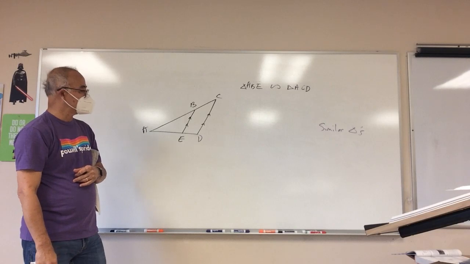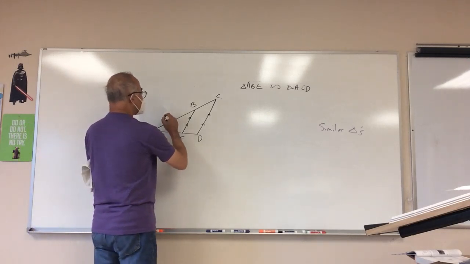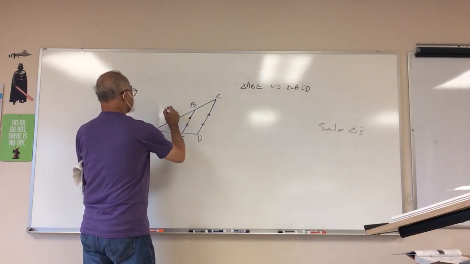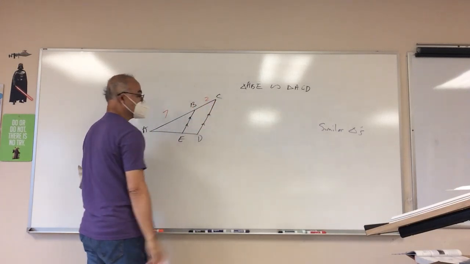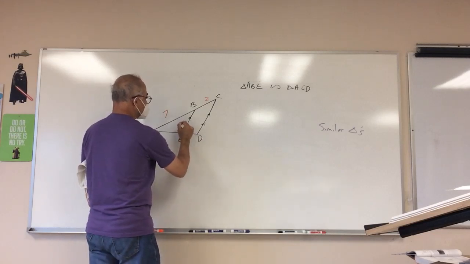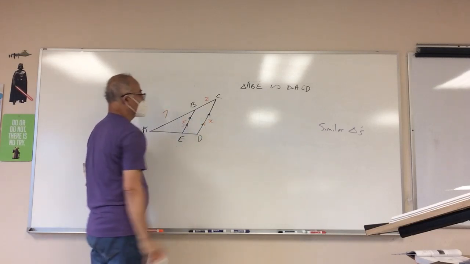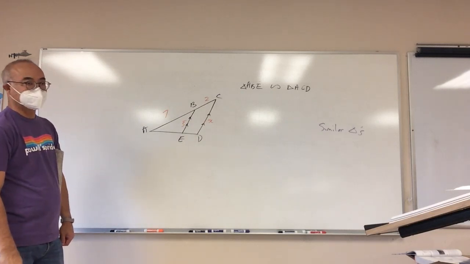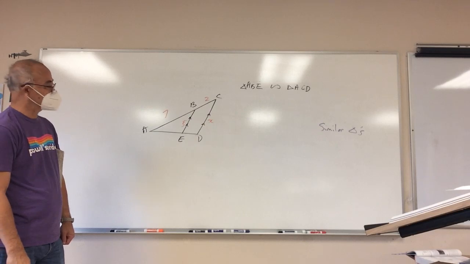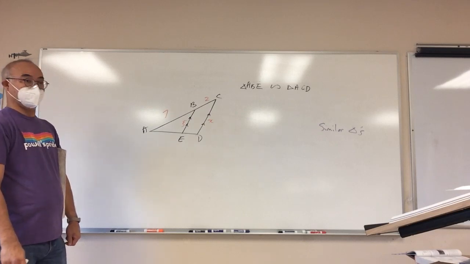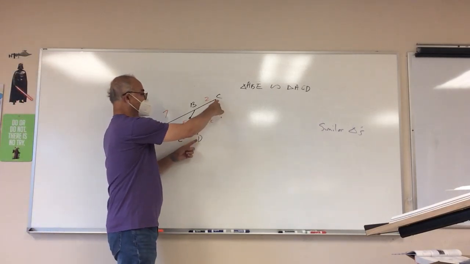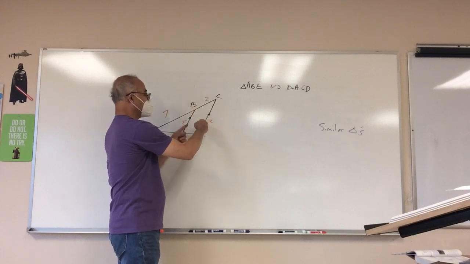Okay? So, let's say that this was 7, this was 2, so this would be 5. Find CD for me. How would I find CD? Would be 5, wouldn't it? Isn't that what the arrows mean? It looks like it's larger than that. Oh, what are the arrows meaning then? They're parallel.